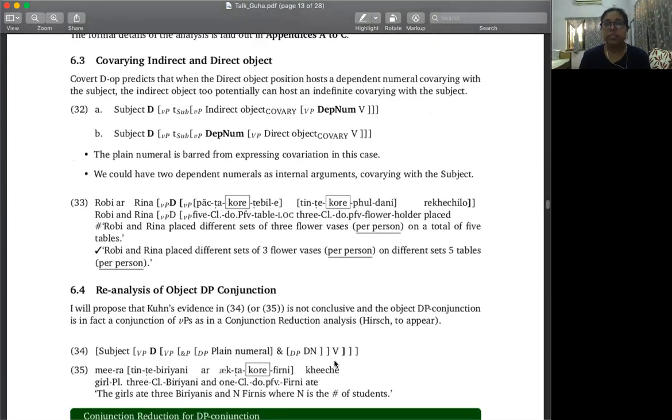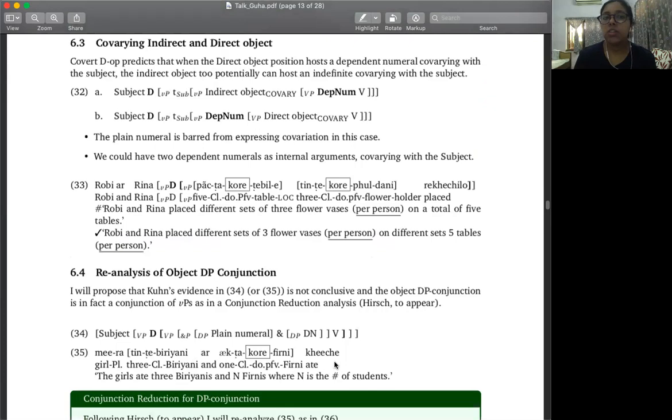Last 2 points before I finish. Covert D predicts that when the direct object position hosts a dependent numeral covarying with the subject, the indirect object too potentially can host an indefinite covarying with the subject. So basically 32. So if D is here, both can covary. The plain numeral is barred from expressing covariation in this case, as we just saw.